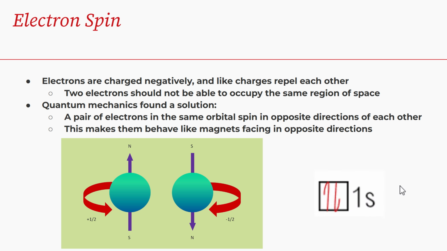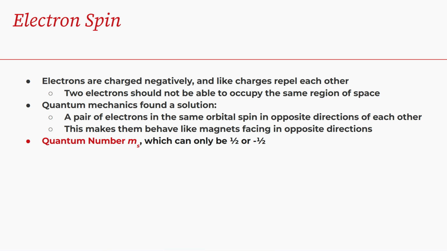What that means is in our orbital diagrams, one box represents one orbital. Our two electrons are represented by arrows. We draw one arrow going up to be one form of electron spin, and the other arrow going down to show that it has the opposite direction of electron spin. This is just showing that we understand that electrons spin in different directions if they're in the same orbital as each other.